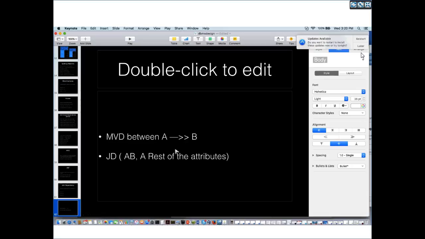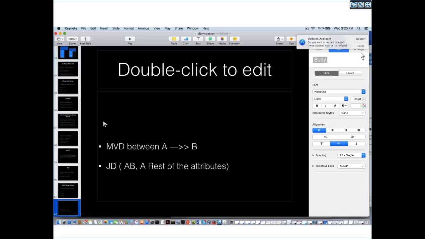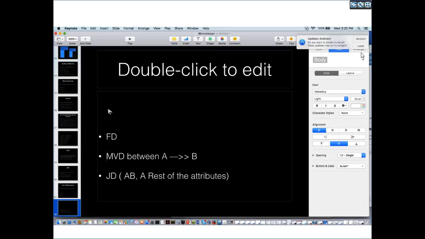Okay, right? So once you have a join dependency, that can be split, the same way you split every multi-value dependency. Okay? The same thing you're going to do with the join dependency. So if you want to understand, the functional dependency, the FD, is the lowest level.